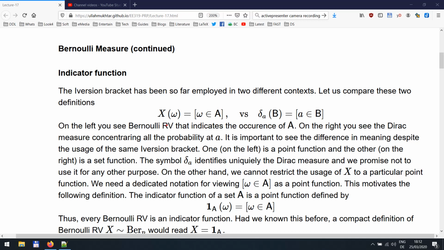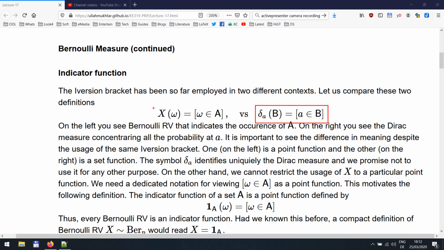Now we will need both of these contexts. So here is one thing which is a little unfortunate. Here we have a dedicated symbol for this usage of the Iverson bracket, because we will use delta A only for one purpose, and that is the Dirac distribution. We don't want to use delta A for any other purpose, because it would be a messed up situation.